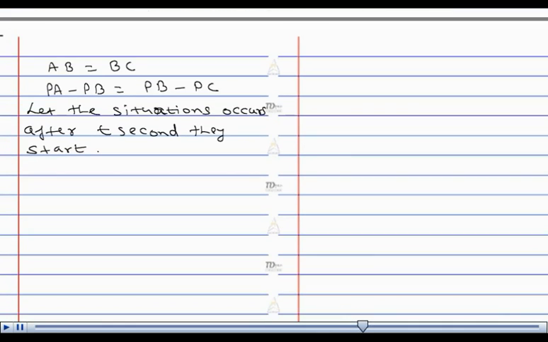Now, PA is the distance travelled by A in time t, which is equal to speed into time.